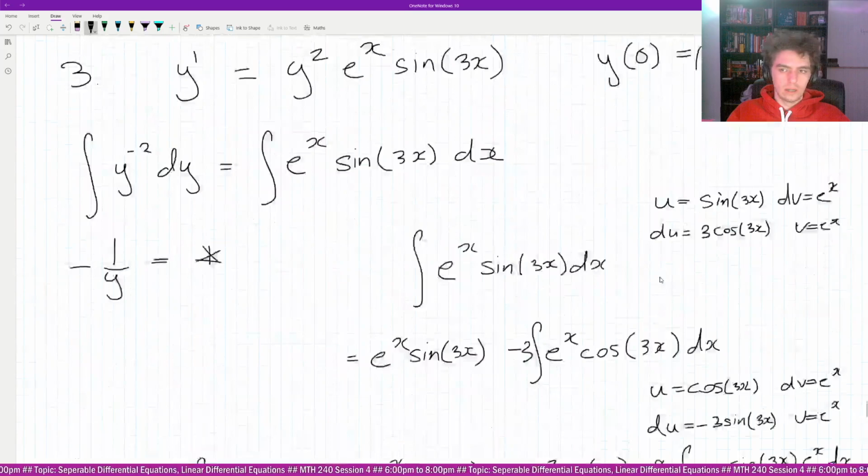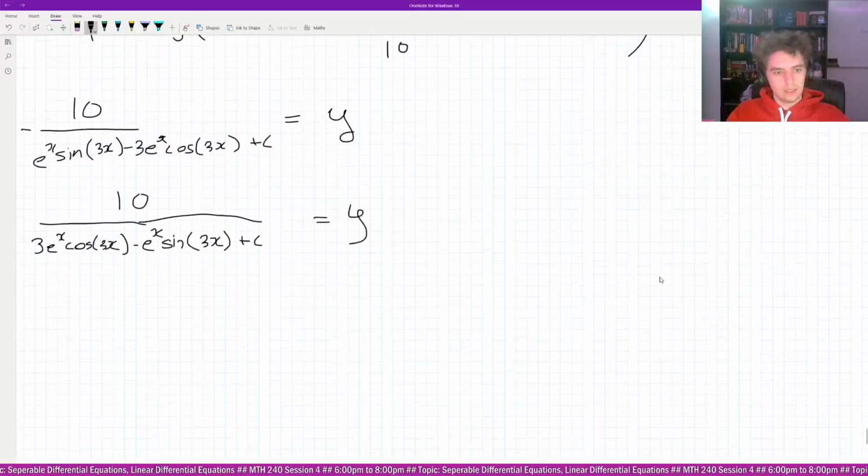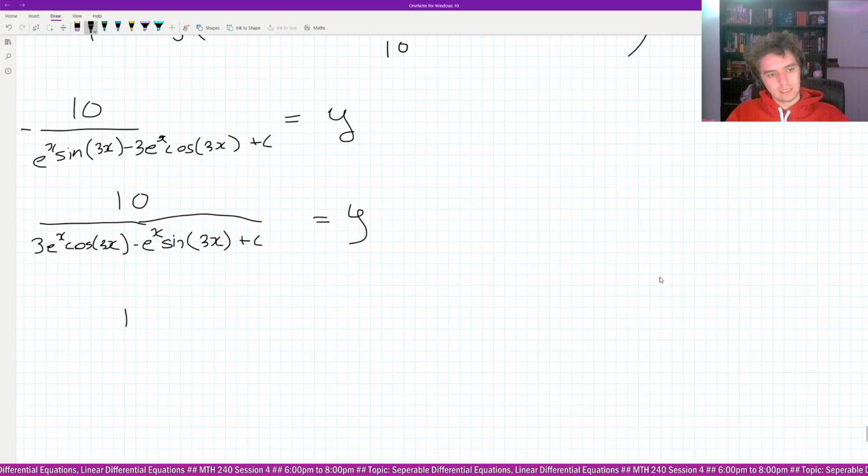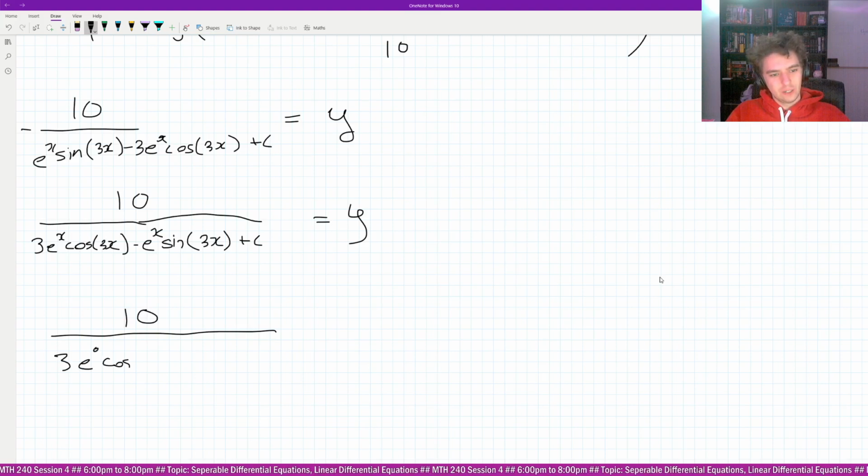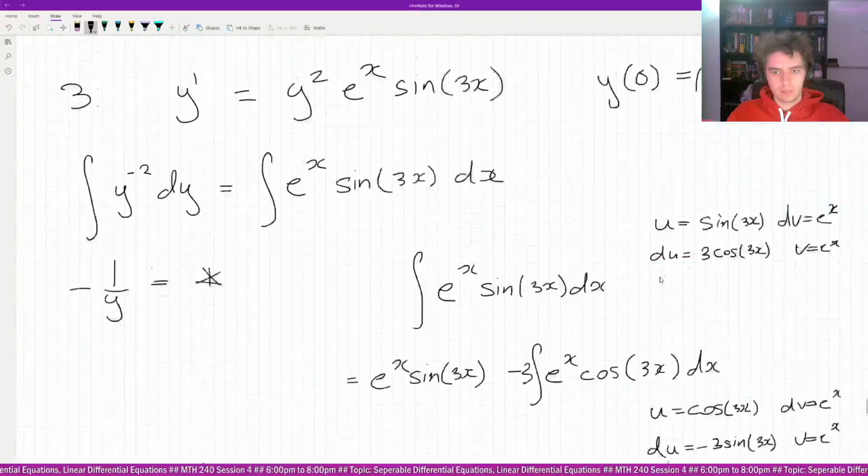So, y of 0 equals 1. So it's going to be 10 over 3 e to the 0 cos of 0 minus e to the 0 sine of 0 plus c equals 1.